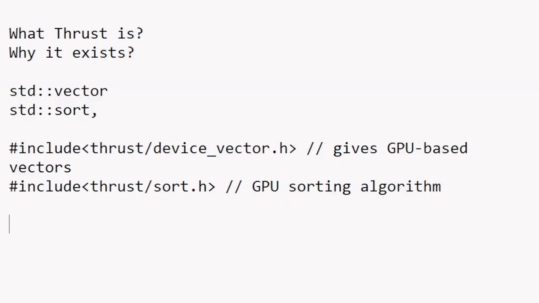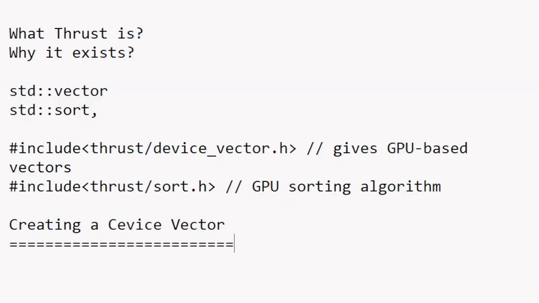Creating a device vector. Next step is to create a device vector, which is stored in the GPU memory. The purpose is to create a vector in GPU memory.